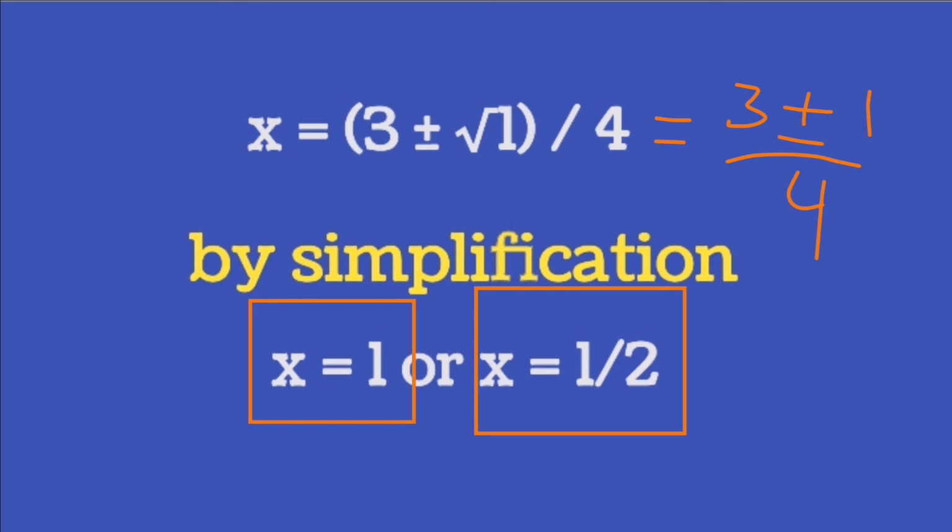Now we see that again the solution of the quadratic equation is 1 and 1 over 2. So the solution set contains two numbers because the degree of the quadratic equation is 2.